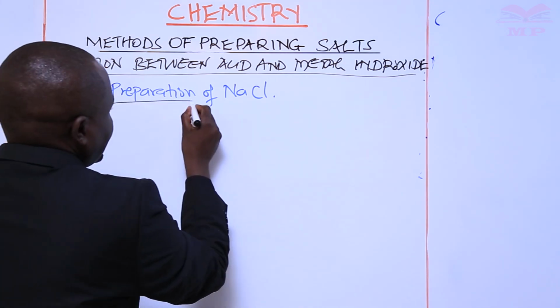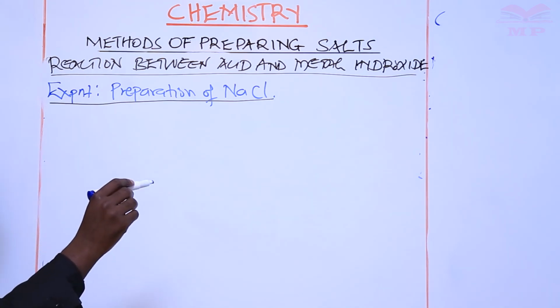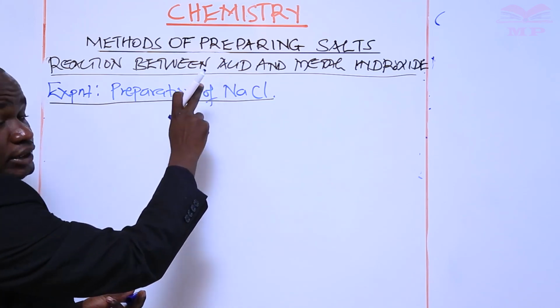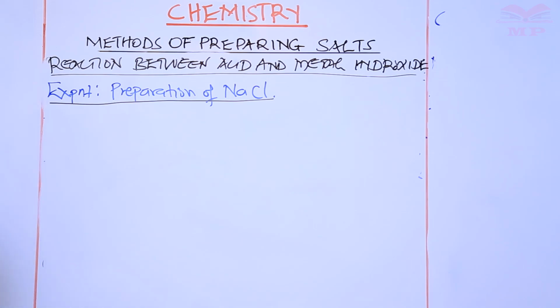Let's look at the procedure briefly. Remember we want to prepare sodium chloride, and we're learning about reaction between an acid and a metal hydroxide. So you should be able to know the reagents that we need here.